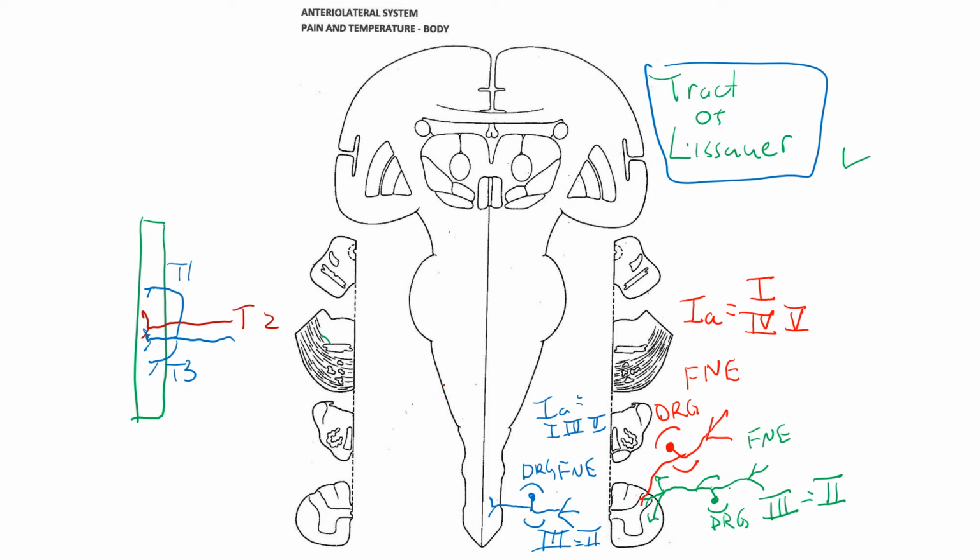Okay? Now from here, we're going to look at that second order neuron. Well, the second order neuron is going to begin, obviously, where the first order neuron ends. But it's going to immediately cross the midline. And it is going to cross the midline in the anterior white commissure. And then it is going to ascend in the brainstem. And it's going to ascend in the spinothalamic tract.